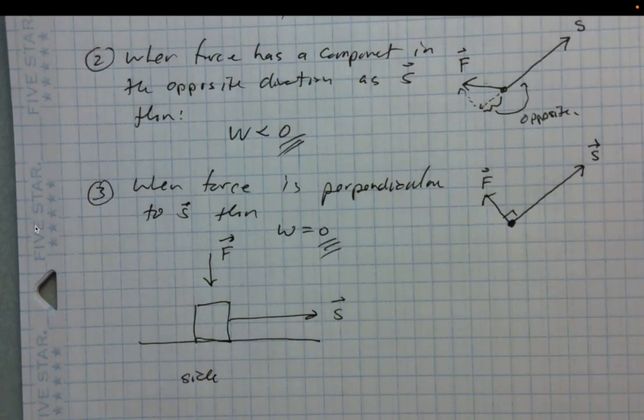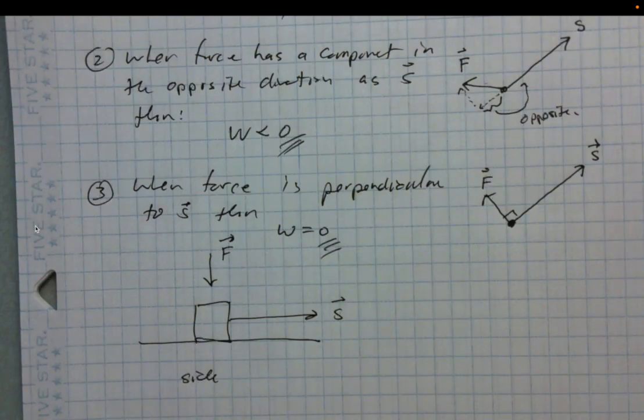And so if you did a dot product there, you'd get 0, right? So you would get 0. And this would be like either cosine of 90 degrees or cosine of 270 degrees, and those are both 0 also. So even if you tried to use just the trig, you would see that this generates a 0 for the work.